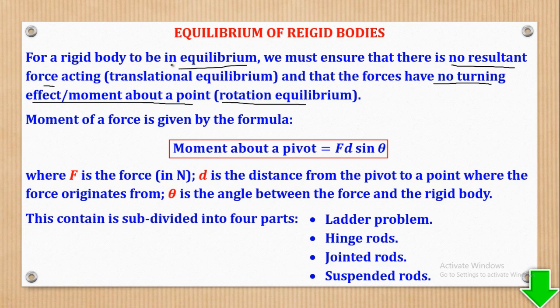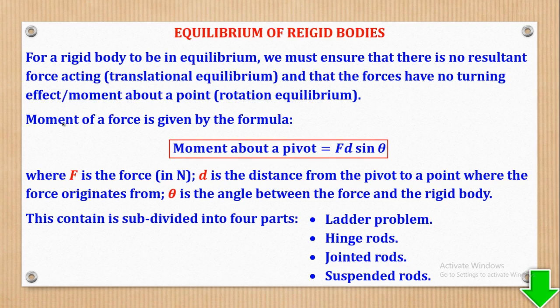So for a rigid body, you must ensure translational equilibrium by getting the resultant force, which will be equal to 0, and also ensure rotational equilibrium, and that is by taking moments. That means that anti-clockwise moments must be equal to clockwise moments, so that when you add, the effect cancels out. So the resultant moment must be equal to 0.